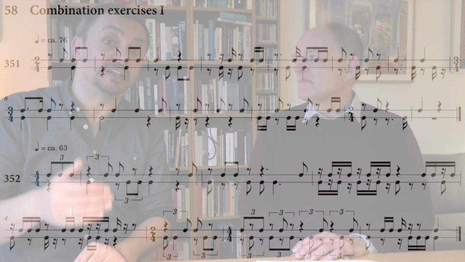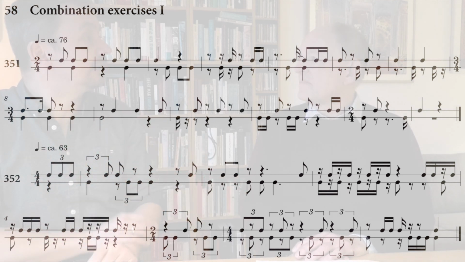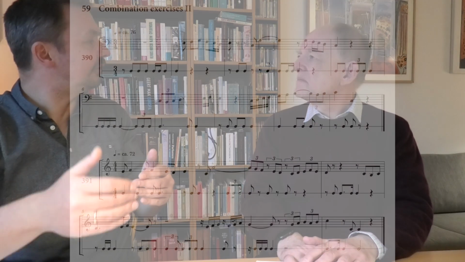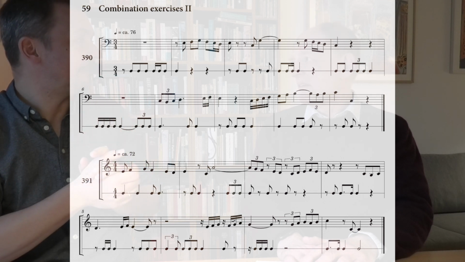This will come later. That's the next part, from rhythm number 351 to 435. Those are combination or 2-part exercises where you either perform 2-hand rhythms yourself, or from 390 and forward you sing the upper voice and you clap the lower voice yourself.